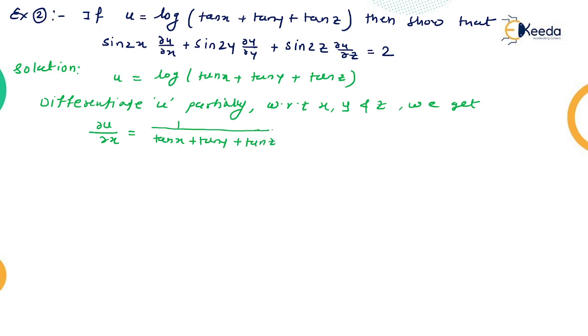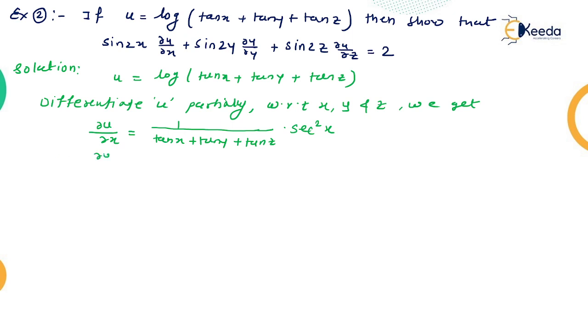Now in a similar way, the derivative of the log of this bracket is 1 upon this bracket, into the derivative only with respect to x, keeping the other variables constant, meaning tan y is a constant and tan z is a constant. Only write the derivative of tan x, which is sec square x.